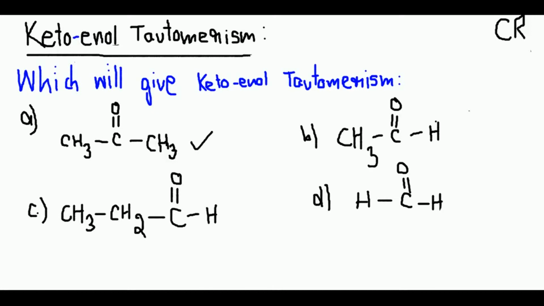Now coming to B, here also you have alpha hydrogen atom, so this one will also give keto-enol tautomerism. C, here you have alpha hydrogen atom, so this one will also give. And D, here you don't have an alpha carbon atom, then how can you have alpha hydrogen atom? So here you will not have any keto-enol tautomerism. So this is all about keto-enol tautomerism. It's very simple.